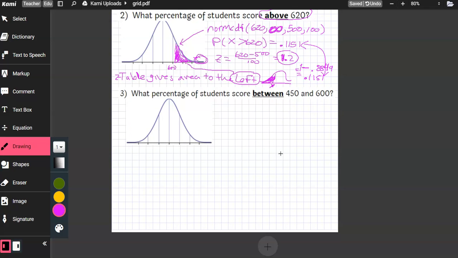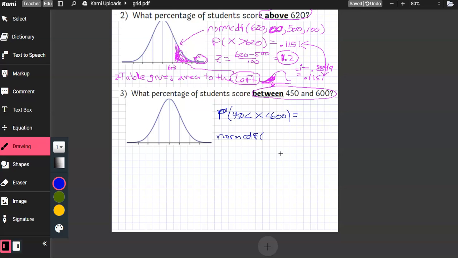What percentage of the students score between 450 and 600? So you want the probability, the percentage of students that score between 450 and 600. So let's see, the calculator command will be norm CDF. Oh sorry, let me sketch the picture here.